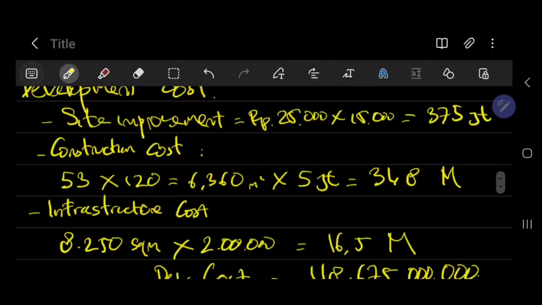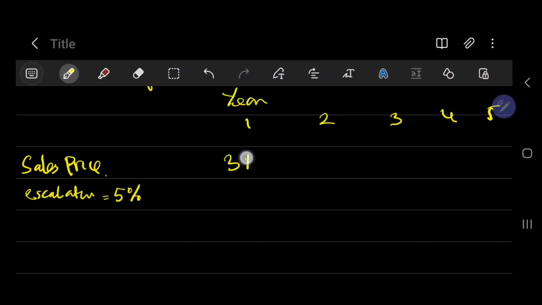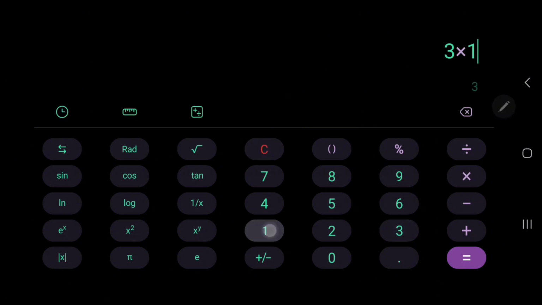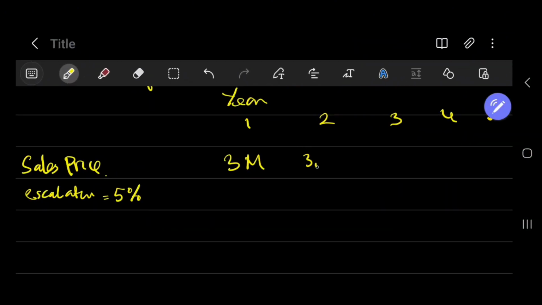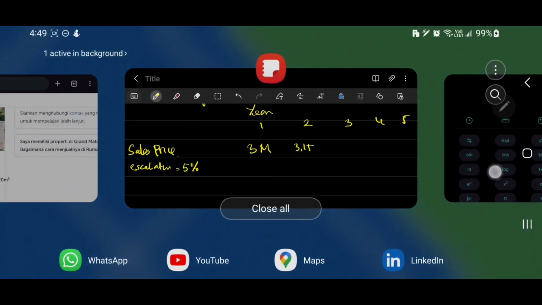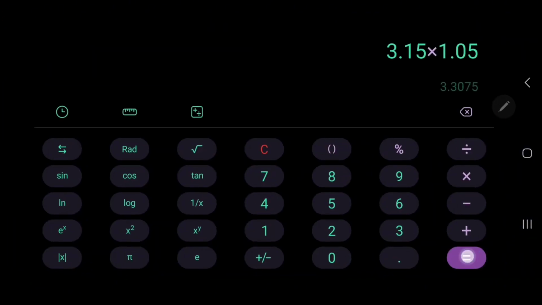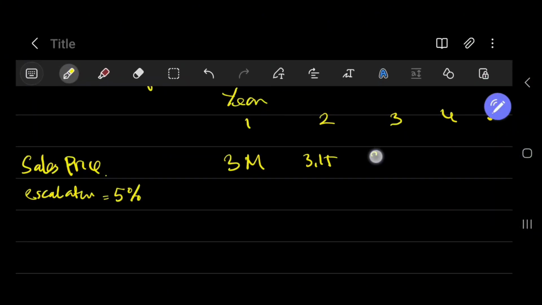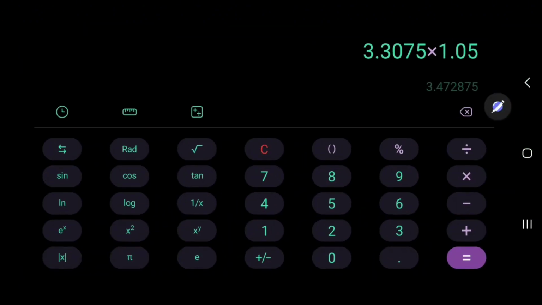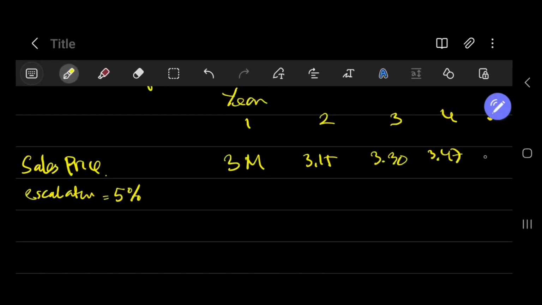Okay, so the selling price is 3 billion in the first year, and it will escalate in the second year to 3.15 billion, and escalate again 5% to 3.3 billion. Okay, and escalate again 5%, it will be 3.47. And the last one is 3.64.